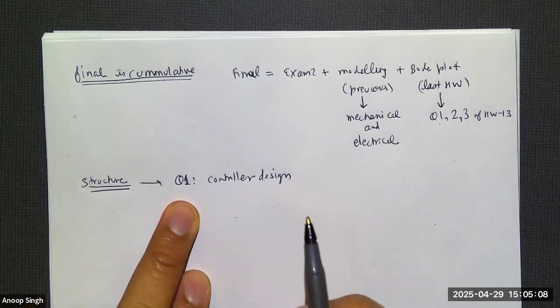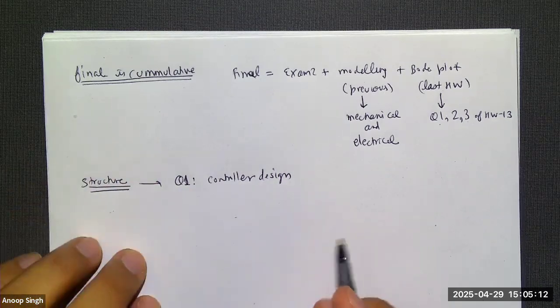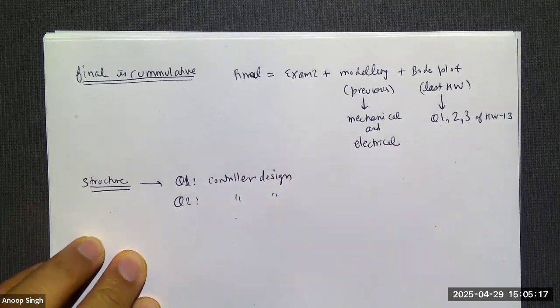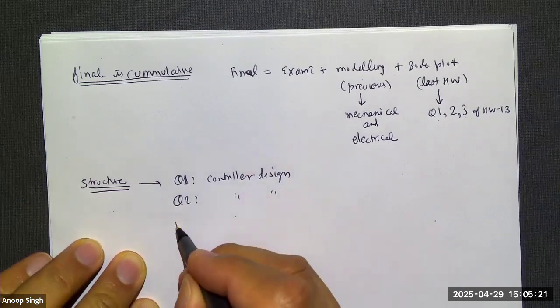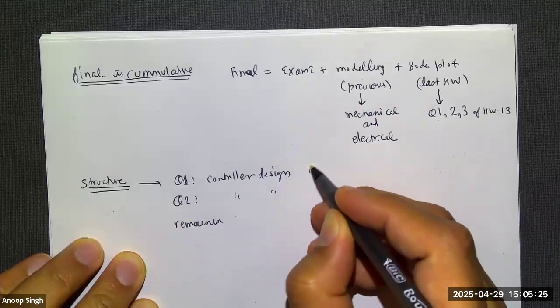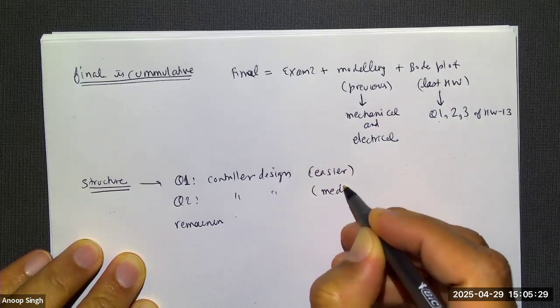So the solutions I posted for exam two, I went over a controller design problem, which was simple-ish. So it could be this, and then there would be one more controller design problem. I'll call this more of a medium difficulty level.